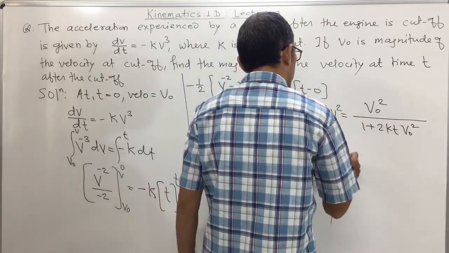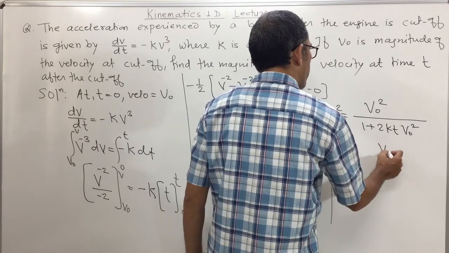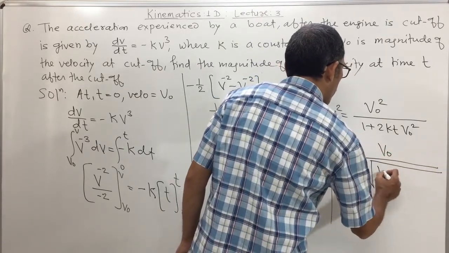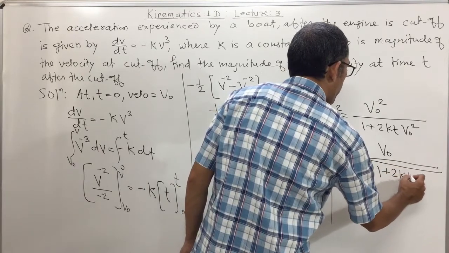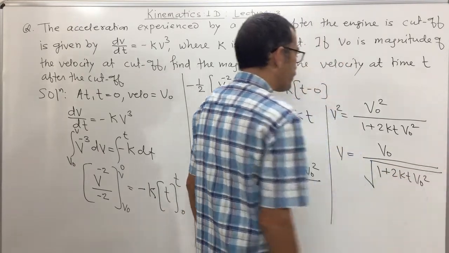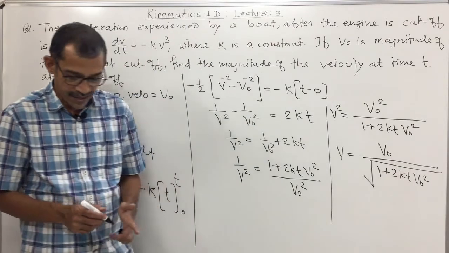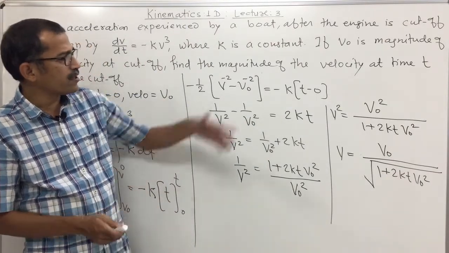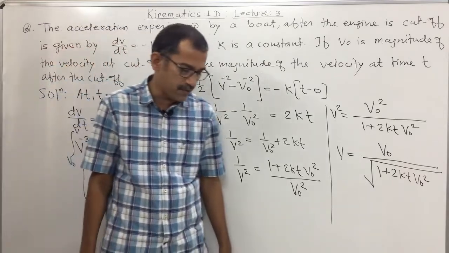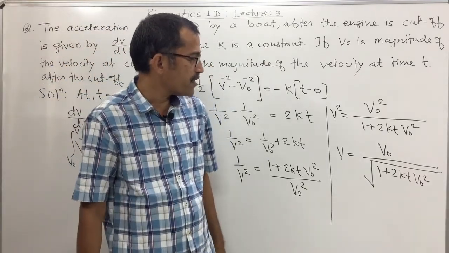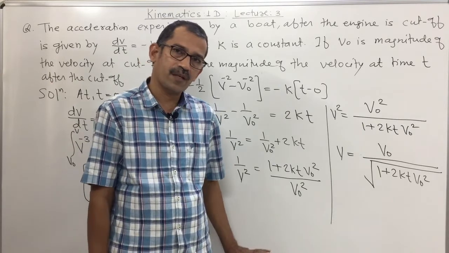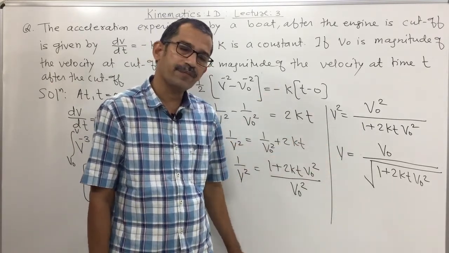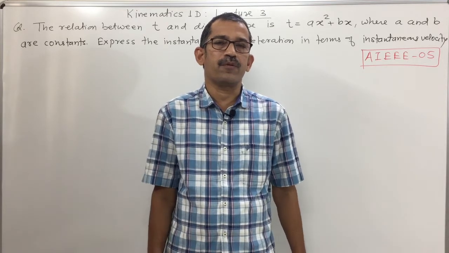Now we'll take the root, so this will be v naught upon root of 1 plus 2kt v naught square. What is the problem asking? Find velocity at any time instant t, and that we definitely get in terms of the initial velocity, because the initial velocity is v naught. Fine, this one is clear, a simple problem. Okay, now we'll solve the next problem.